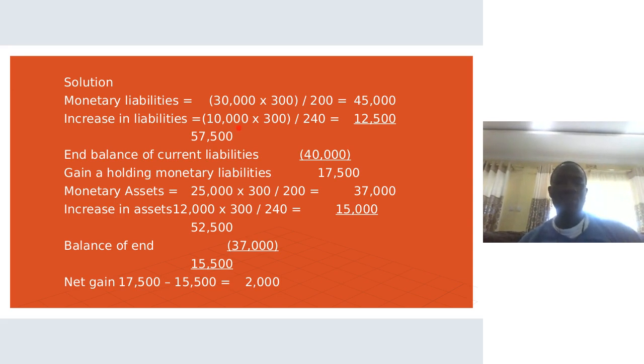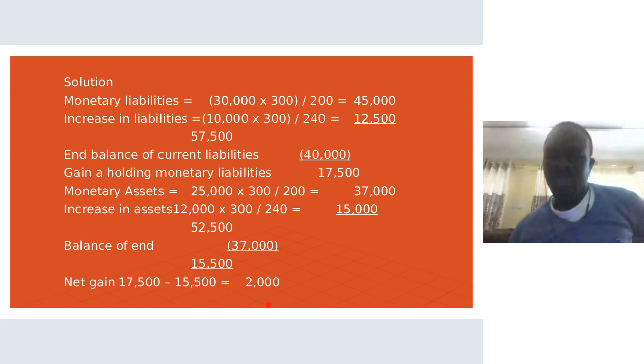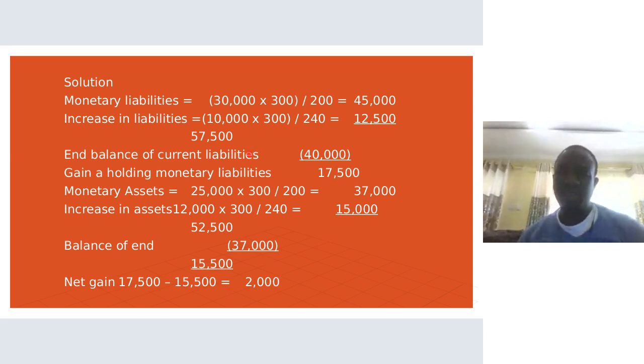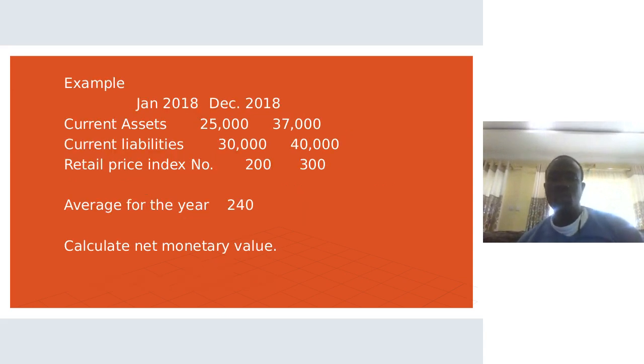its conversion. So remember that in December, the price index in December is 300, but the average for the year is 240. Remember that increase has occurred between January and December.